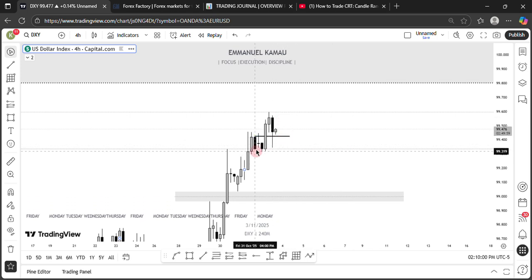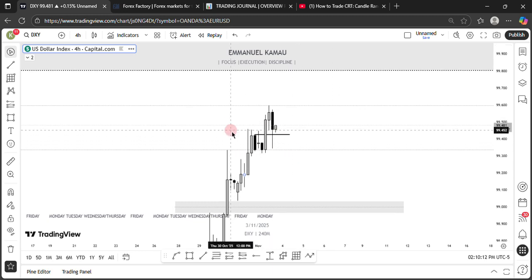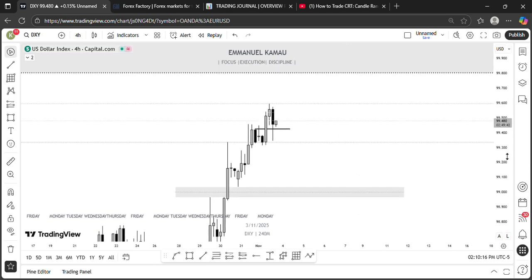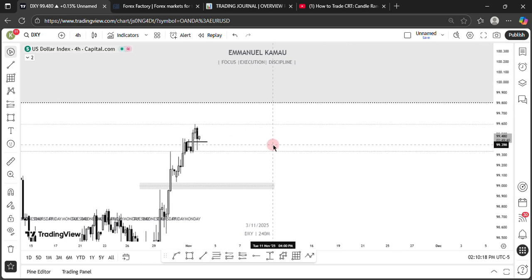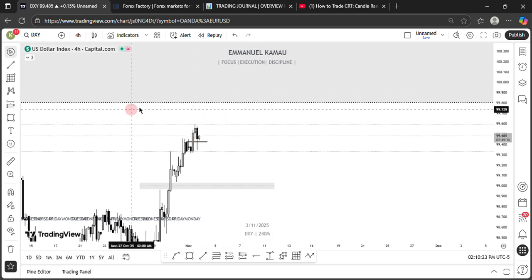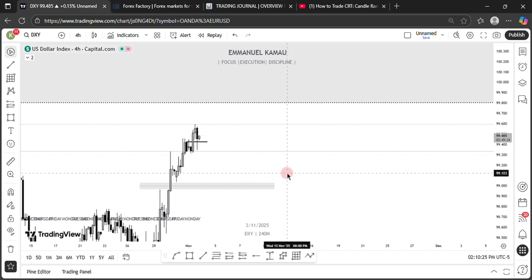If you see some confirmation, we just enter. For my confirmation, I use the ICT 2022 mentorship for my entry. So I am looking for a market structure shift and imbalance, and then I enter from that place. So I'm looking for bullish. I'm bullish on DXY, so you should be bearish on EURUSD and GBPUSD.